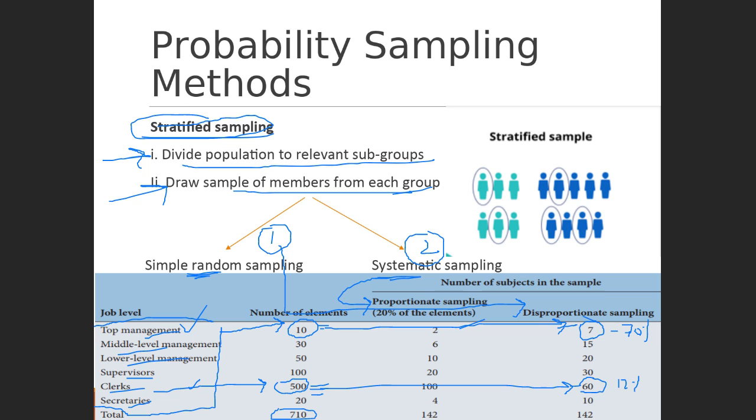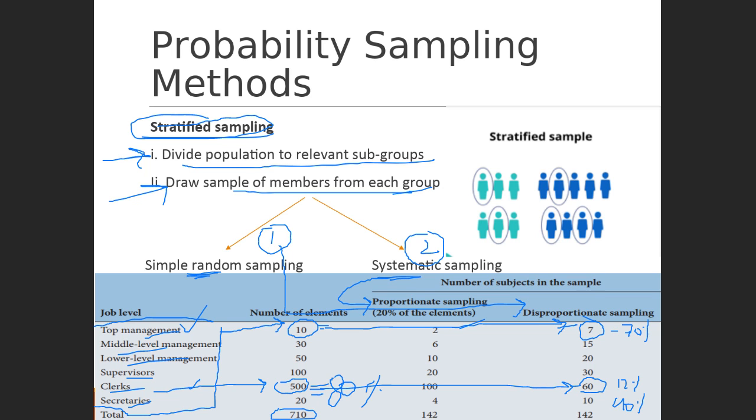So it means that we are overrepresenting top management, but we are underrepresenting the clerks, because the clerks' ratio in the overall population is around, I would say, 80%, but their ratio in the overall sample is maybe around 40%. This is not a representative sample.